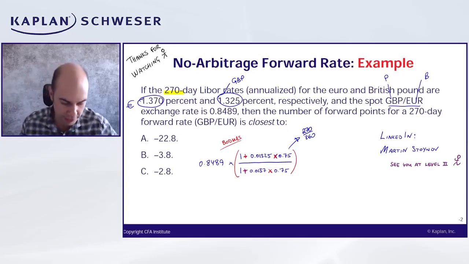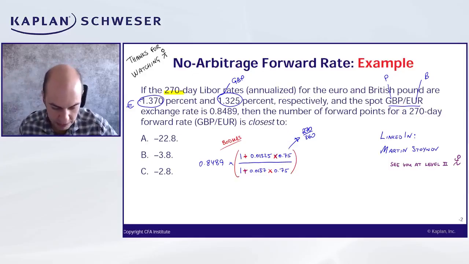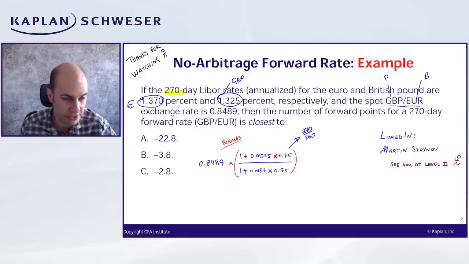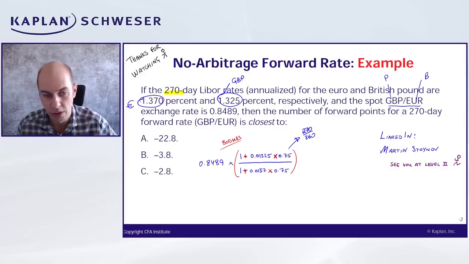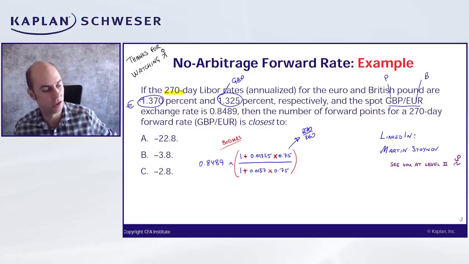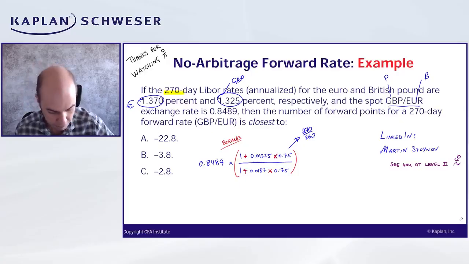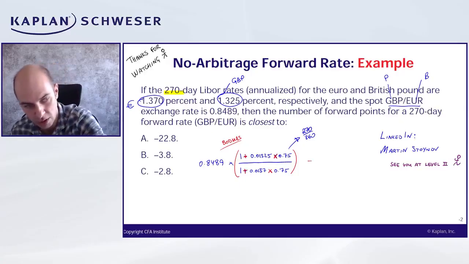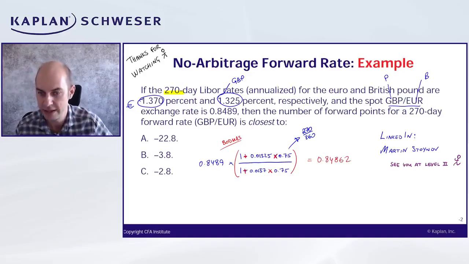Okay, so that's going to be basically your interest rate parity, or if you like, the arbitrage-free price of our forward. So I'm going to get here 0.84862.